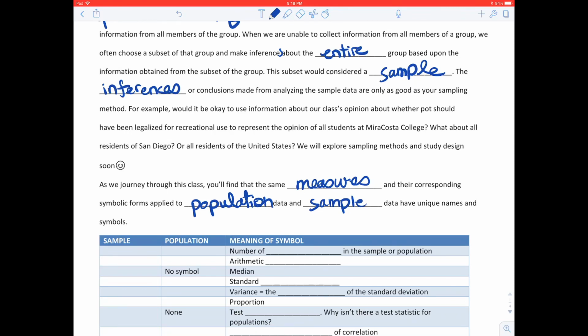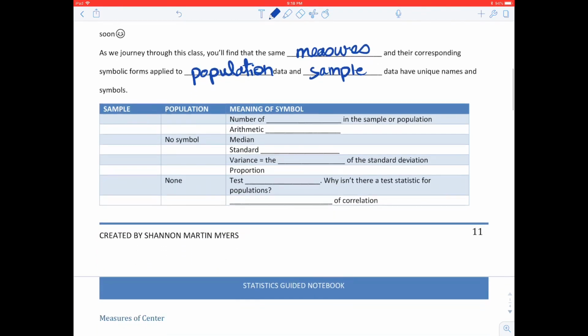So you have to be careful, because in our graphing calculator, the only symbols that show up are symbols for samples, because that is more true to real life. All right, so we'll talk more about that later in a technology video.